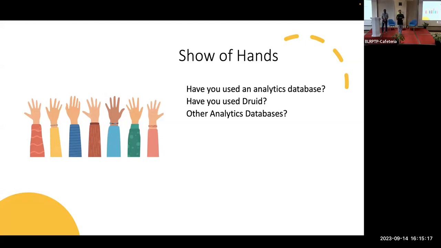ClickHouse. Pinot, Snowflake. Okay. Redshift. Okay. We have a lot of Druid users here. Great. How many of you have used Kubernetes in production? Oh, again, quite a few. So we have a great audience here.